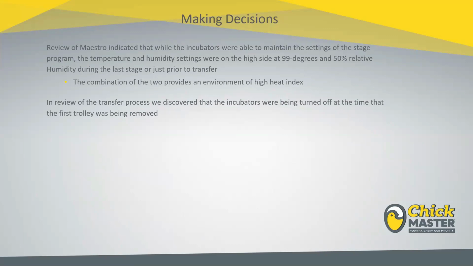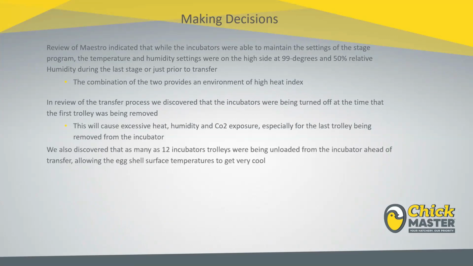In review of the transfer process, we discovered the incubators, and these are single stage, were simply being turned off at the time that the door was opened and the first trolley was removed. And the machine would stay open and completely turned off during that time period. And of course, this can cause some problems. We also discovered that during transfer, a machine was turned off, all the trolleys removed, and then the next machine was turned off before they started taking trolleys out of there.